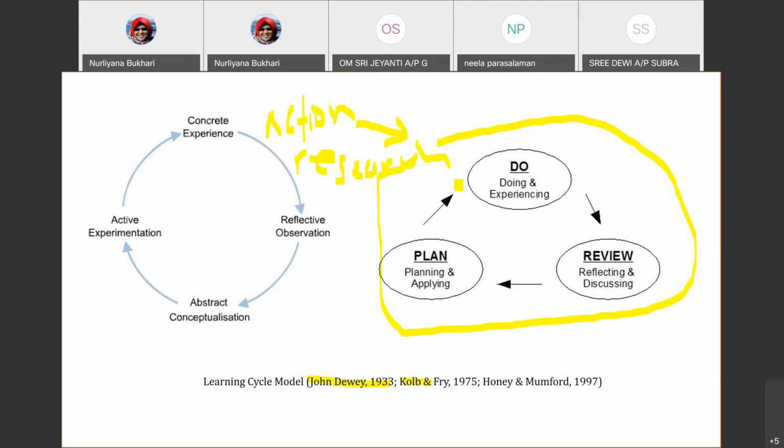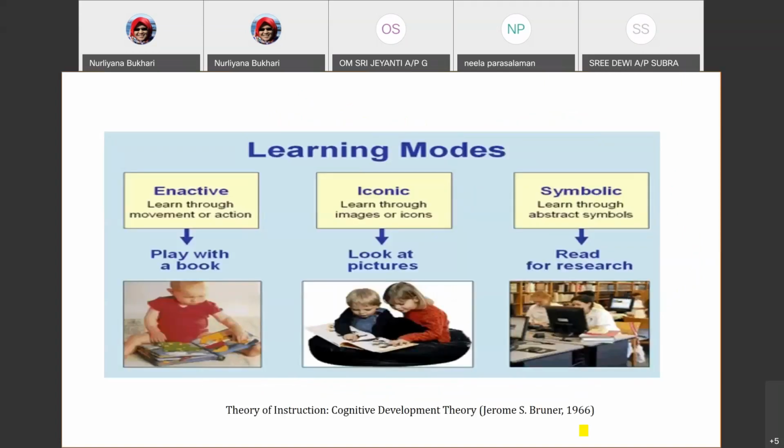Okay, more theory here. This is Bruner, the instructional theory, Bruner. So how different stages learn. When you are doing secondary school, elementary maybe, or even pre-K, kindergarten students, look at this.